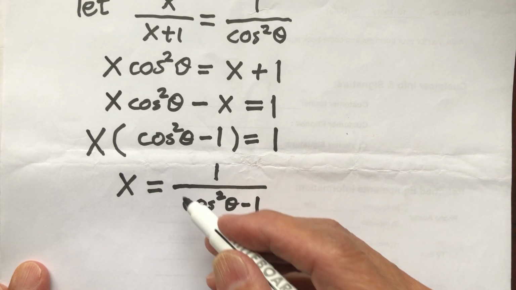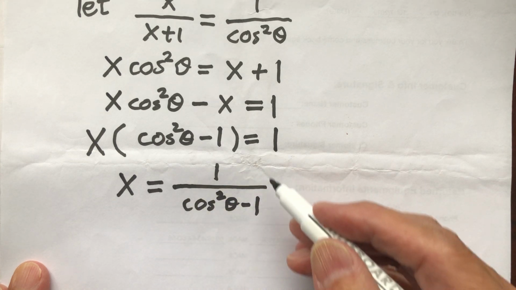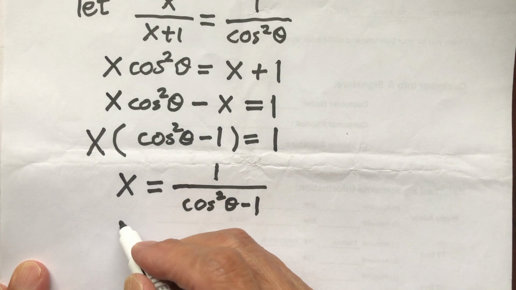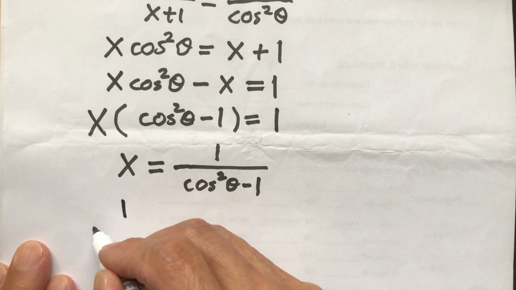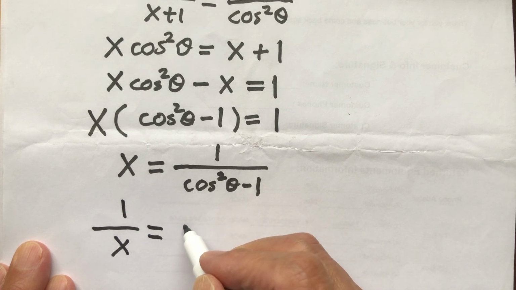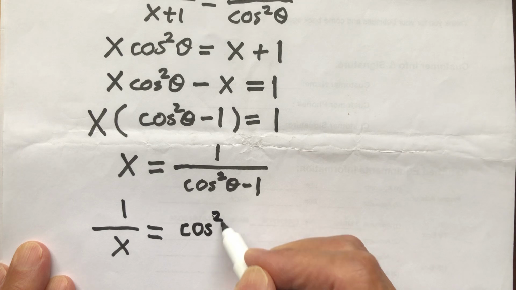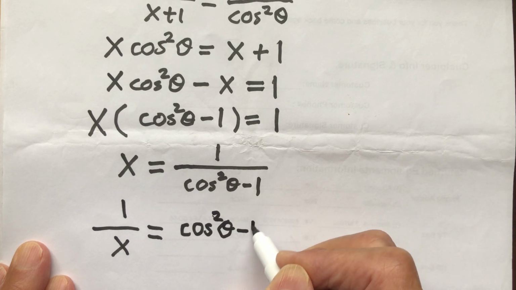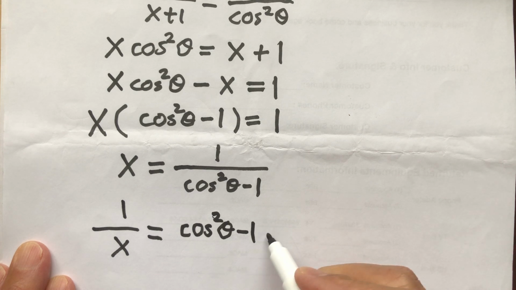And then I should also do the reciprocal of the right-hand side. Therefore, 1 over x should equal to this. And what is this?